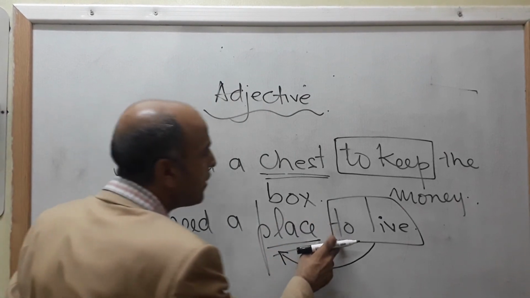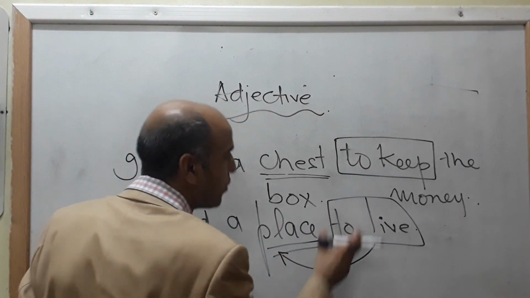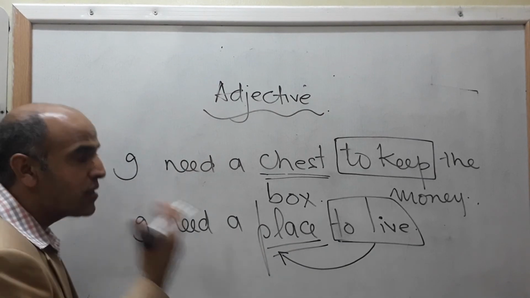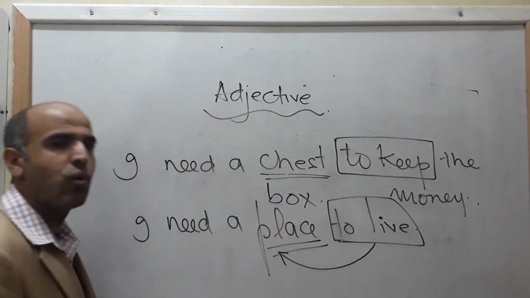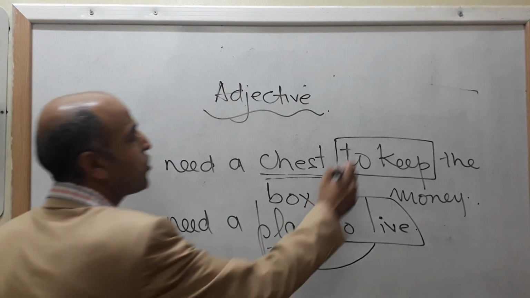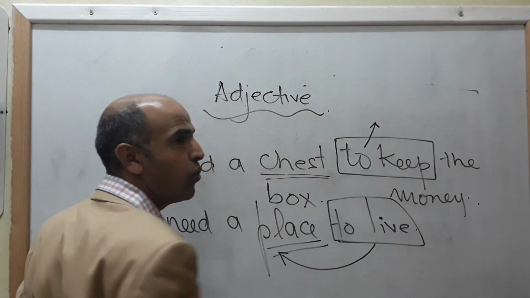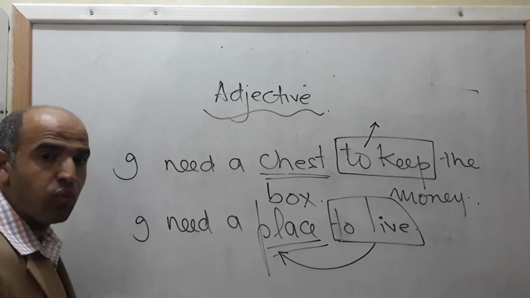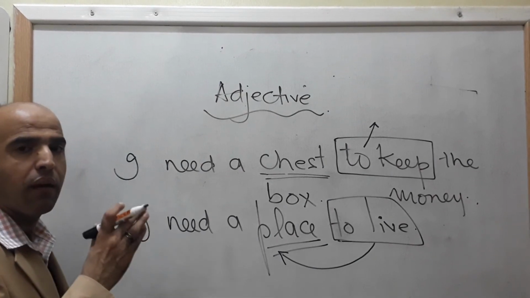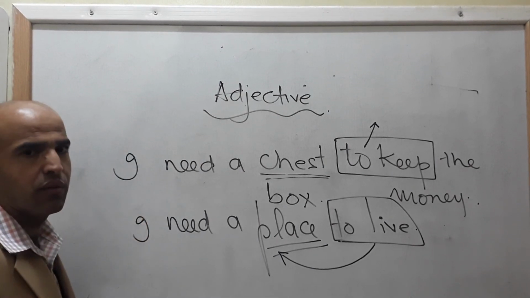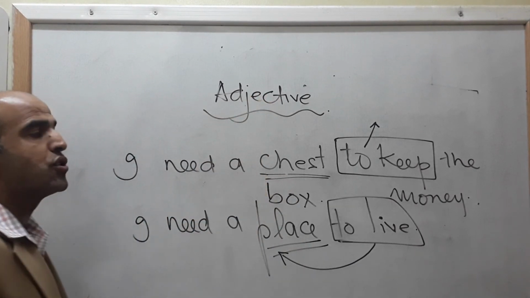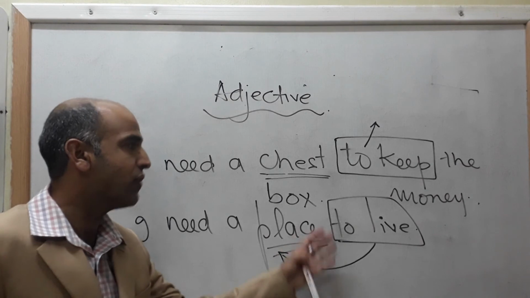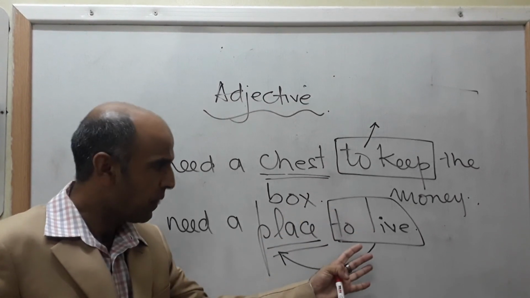So to live, to keep, although by looking at them we can say they are verbs, here they are not functioning as verbs. Keep it in mind that your infinitive never ever works as a verb in a sentence. It is used as a noun, and as an adjective, as I have shown for your better understanding.